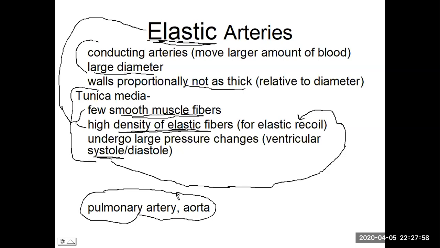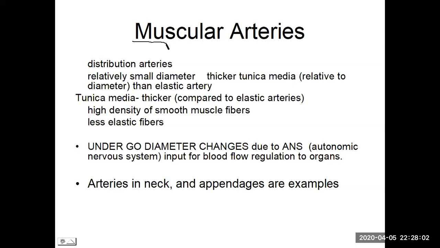So now we're going to transition a little further away from elastic arteries, and along the length of this artery, it'll start to transition to this second category of arteries. What's known as a muscular artery is now smaller in size, but now we start to have a thicker tunic wall.